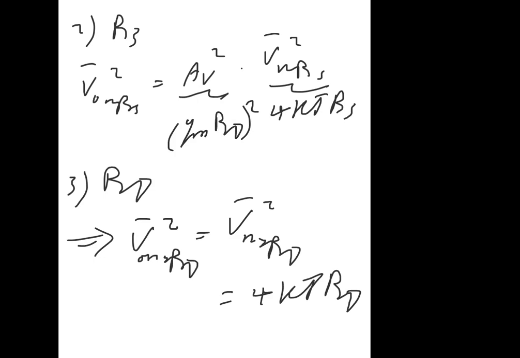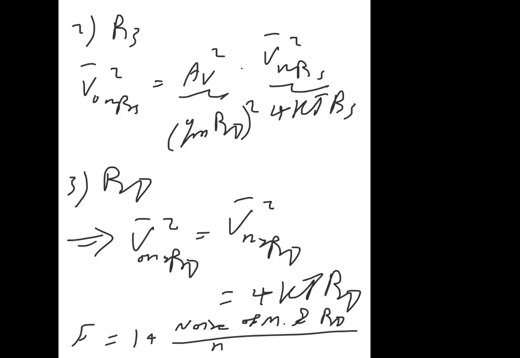Now we have the F, and this F is going to be 1 plus noise of M1 and R of D over noise of R source.